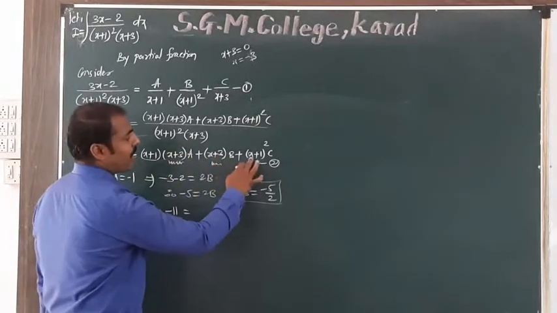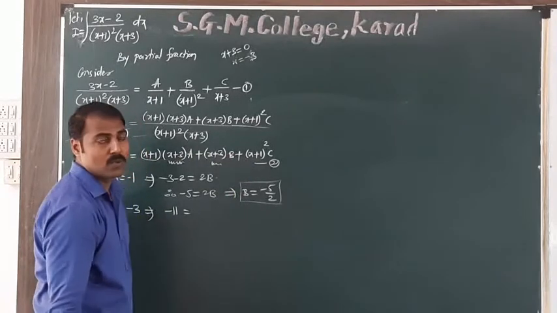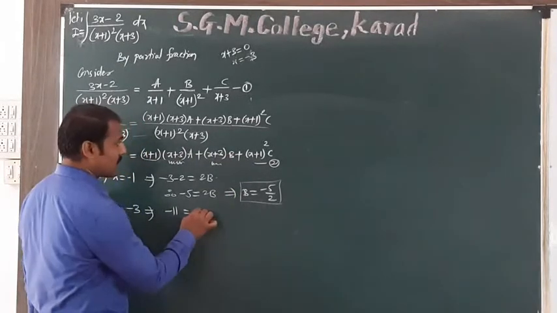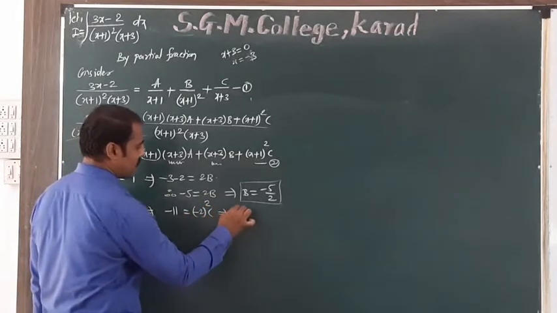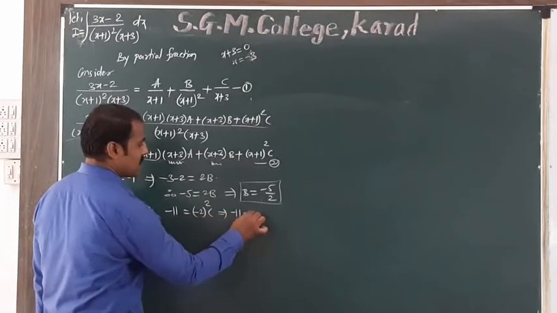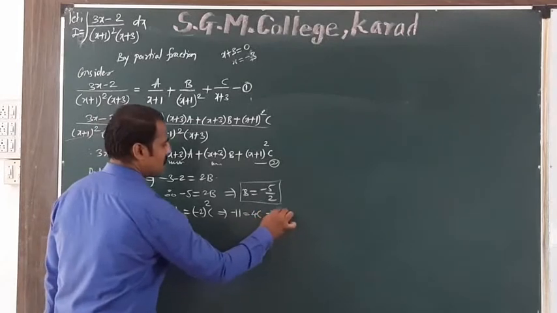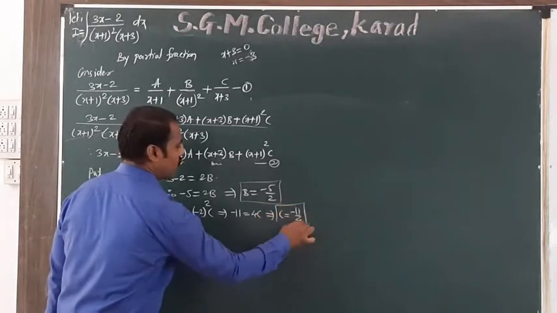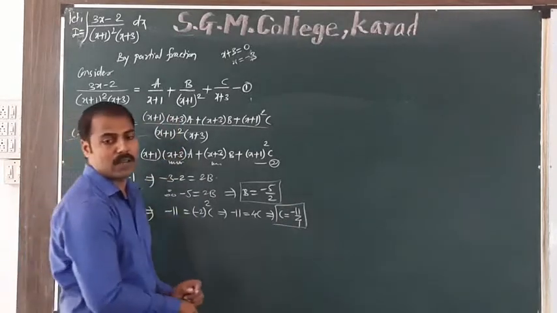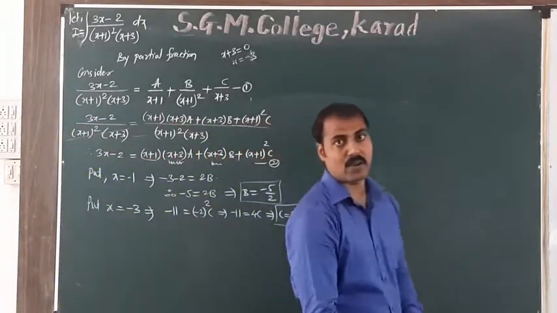Don't write that. Minus 3 plus 2 is minus 2, bracket square, into c. This implies minus 11 is equal to 4c. This implies c is equal to minus 11 divided by 4. Here is the value of c, minus 11 divided by 4.